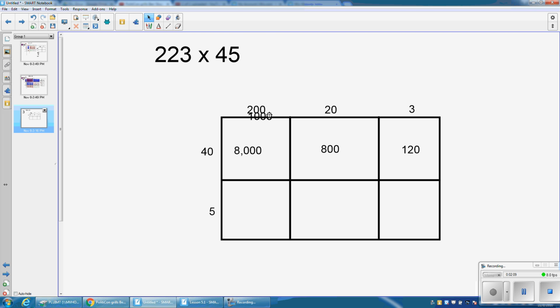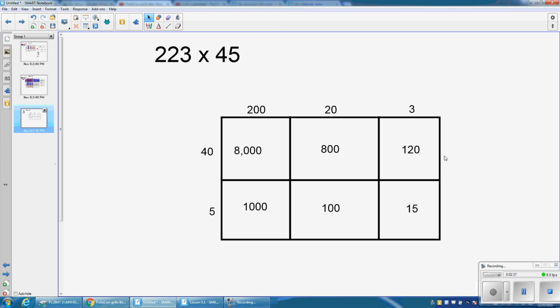If students didn't know that, thinking about the basic fact of 2 times 5 is 10, and then we have 2 zeros in our problem, so we need to add in 2 here. 5 times 20 is, again, 10. Whoops. 5 times 2 is 10. I have an extra 0 I need to put in my number. And then 5 times 3 is 15.